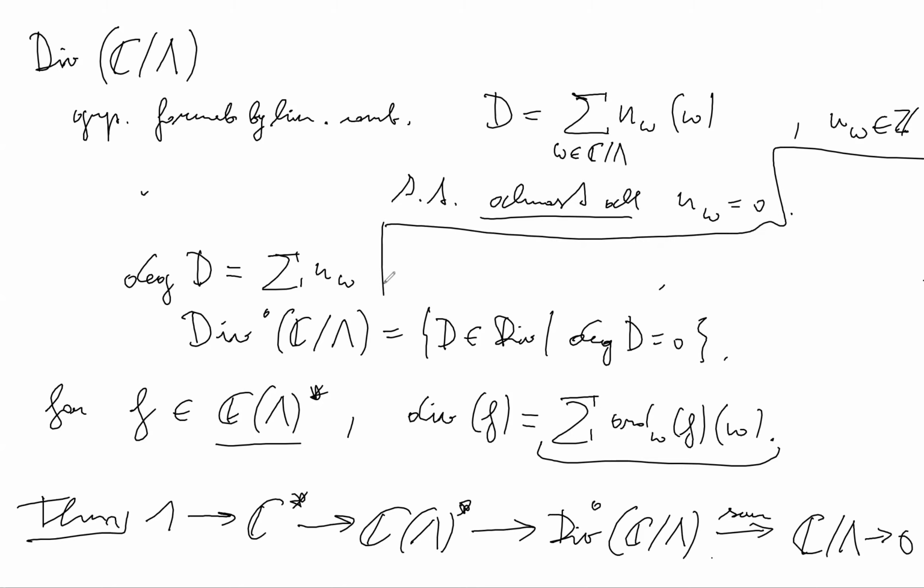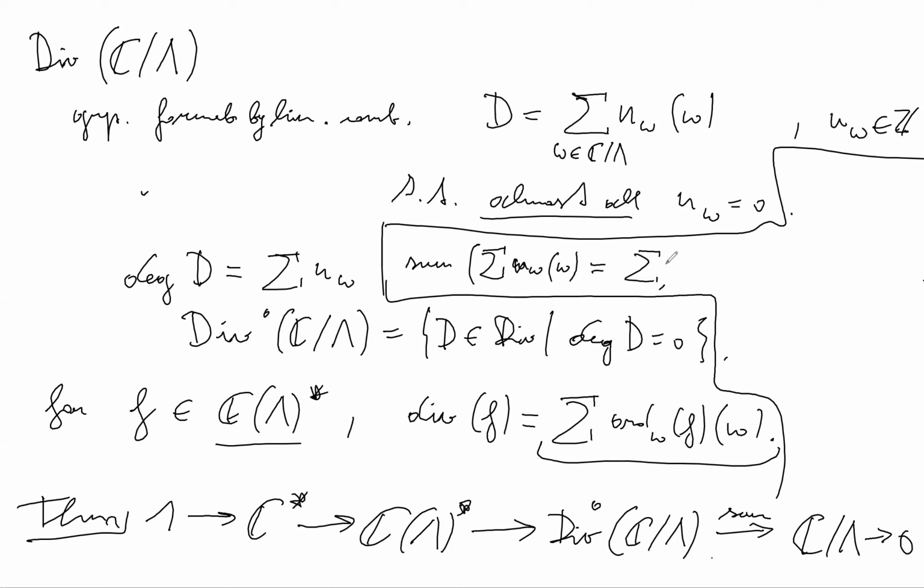So the sum of a divisor of this form is really just taking the sum of the points now, in C mod lambda.